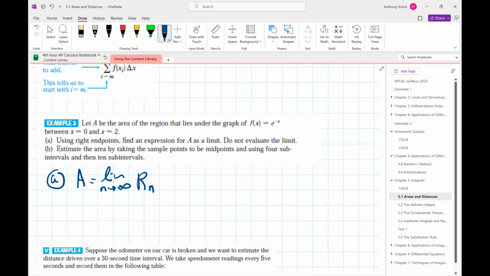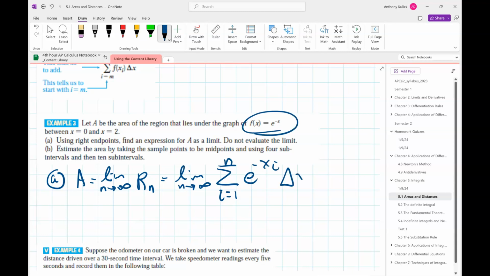That's right endpoints. So that's the limit as n approaches infinity of the sum from i equals 1 to n of, let's plug that in. We'll do e to the negative xi, because our function f of x is that, delta x.